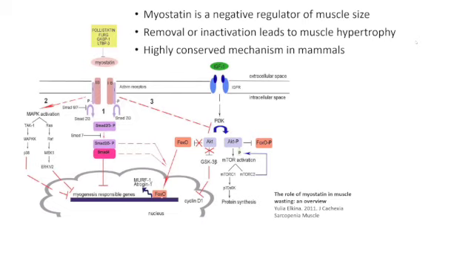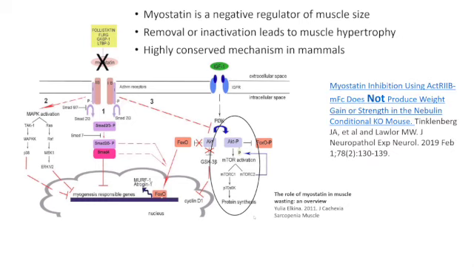Myostatin is a negative regulator of muscle hypertrophy, and when this regulator is inactivated, it results in hypertrophy. It is a highly conserved mechanism in mammalian species. If myostatin is inhibited, and that can be done with antibodies, for example, it results in relief of the inhibition of the AKT-mTOR pathway, which results in protein synthesis and hypertrophy.